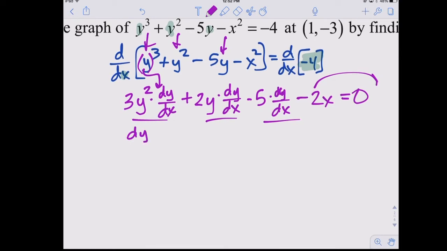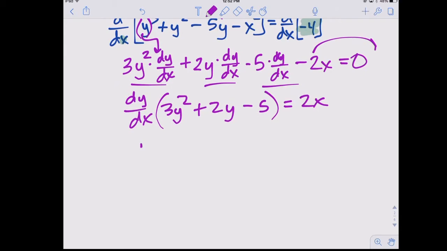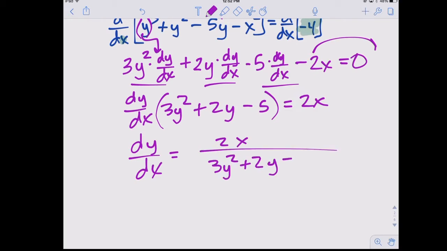And we're going to factor out a dy/dx from everything on the left. And we're left with 3y squared plus 2y minus 5 equals positive 2x. And all we have to do to solve for dy/dx now is undo multiplication by dividing. So we end up with 2x over 3y squared plus 2y minus 5.